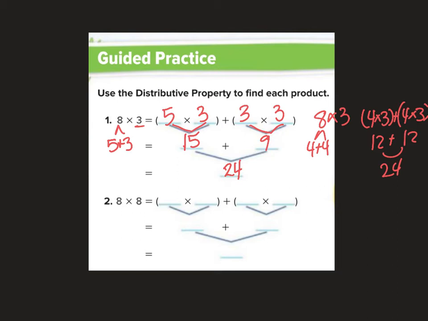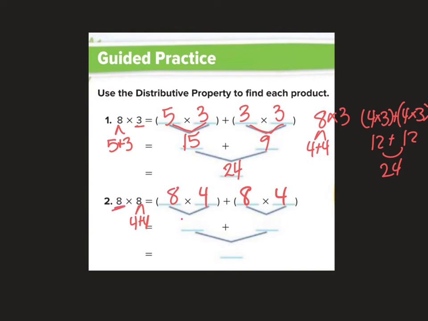I think I'd like to do that for this. Let's break 8 into 4 plus 4. Do you always have to do the first one? No. So let's do the second one just for a little extra practice. 8 into 4 plus 4. Okay? So that means we're going to do our 4's second. And then our 8 is going to go for the same on both.